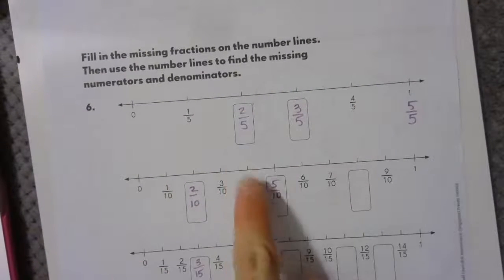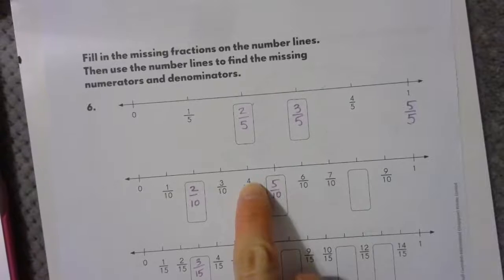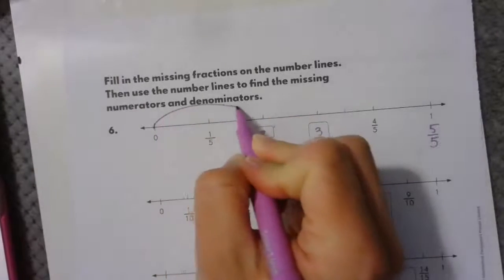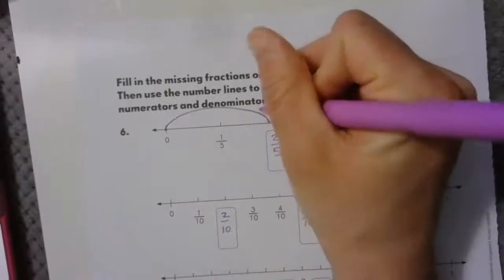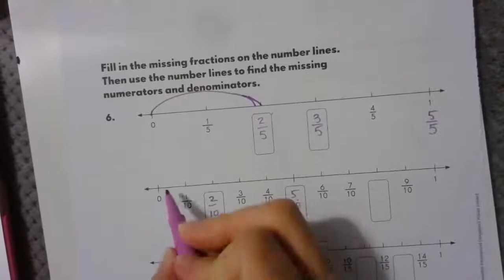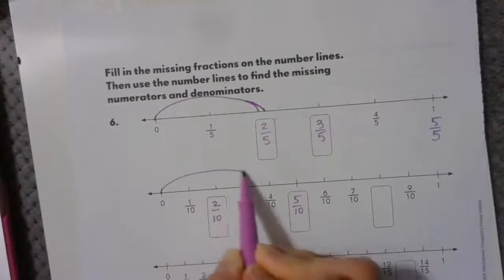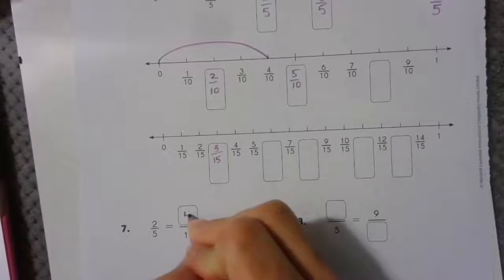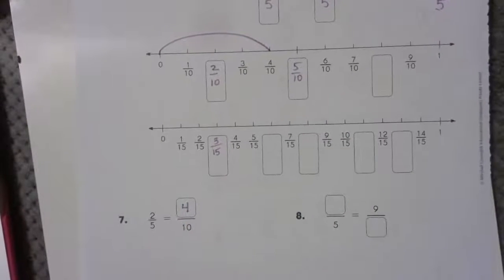Because both 2/5 and 4/10 are the same distance from 0. You can see that if I jump from 0 to 2/5, oops, should have gone a little bit further there, okay? And if I jump from 0 to 4/10, I've gone the same distance. So those fractions are equivalent. So I would fill in a 4 here for 4/10.